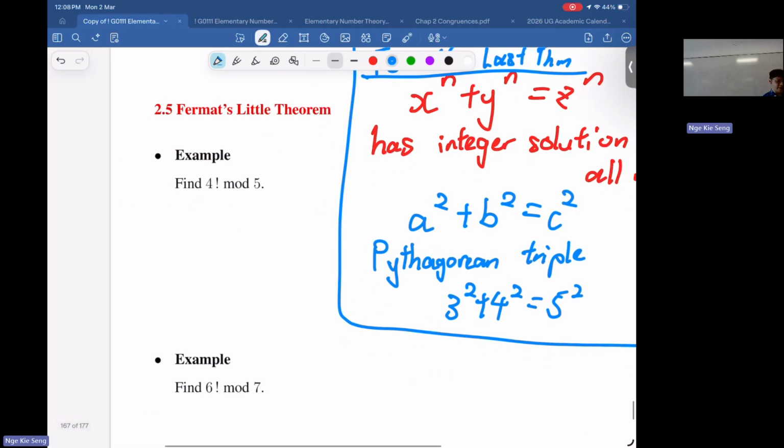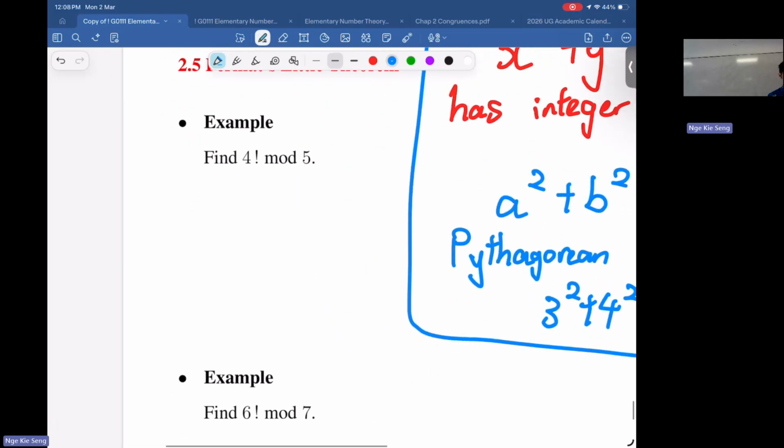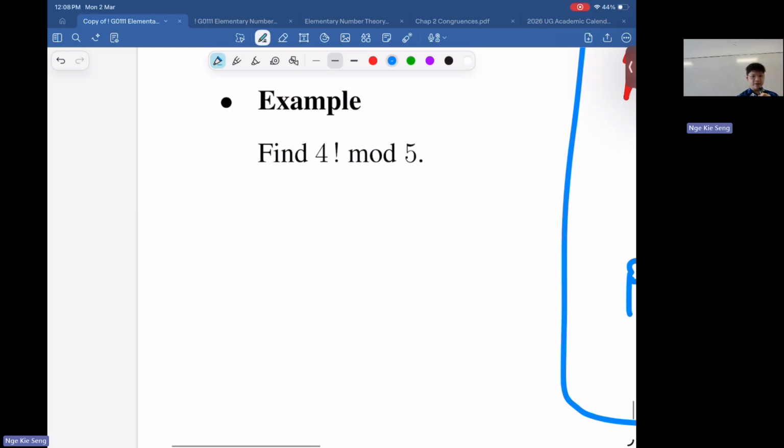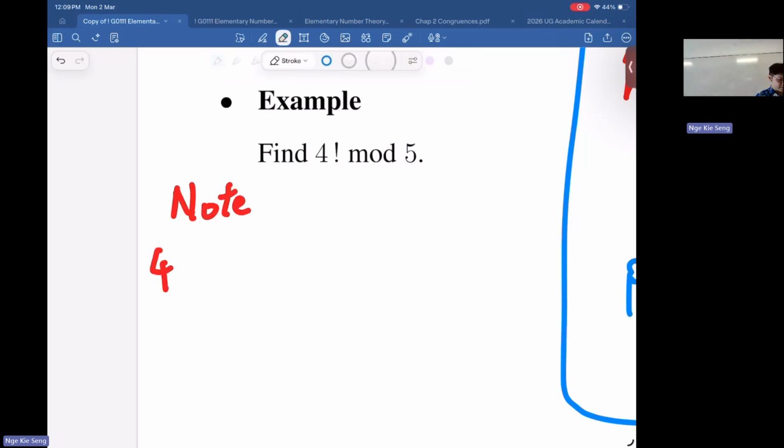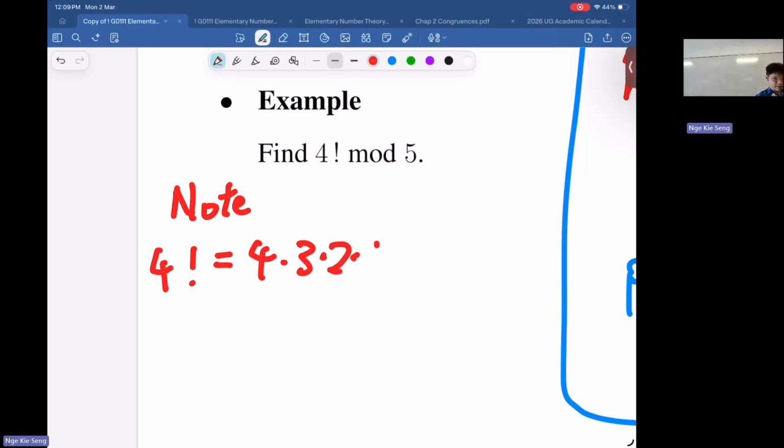Okay, so how about the Little theorem? Let's see what the Little theorem is doing. Let's look at some motivating examples. Let's say you want to solve 4 factorial mod 5. Basically, using what we have learned, first write down what 4 factorial is. It's just 4 times 3 times 2 times 1.